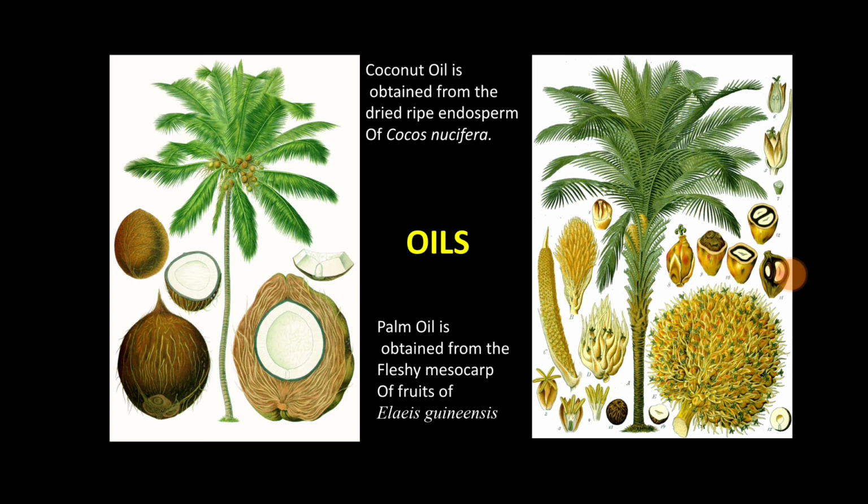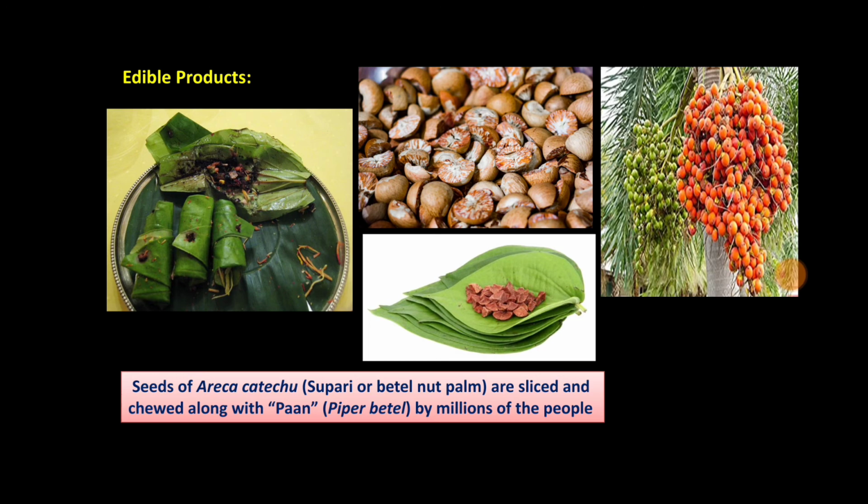Then oils. Coconut oil is obtained from the dried ripe endosperm of the Cocos nucifera, and the palm oil is obtained from the fleshy mesocarp of fruits of Elaeis guineensis. Edible products of Araceae. Seeds of Areca catechu or supari or betel nut palm are sliced and chewed along with the pan, that is Piper betle, by millions of the people.